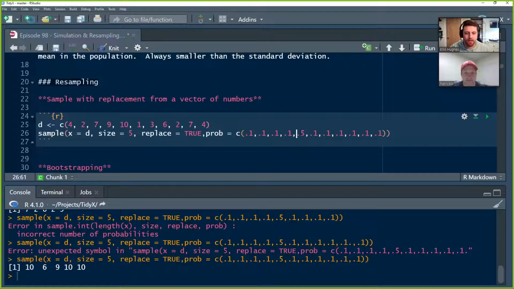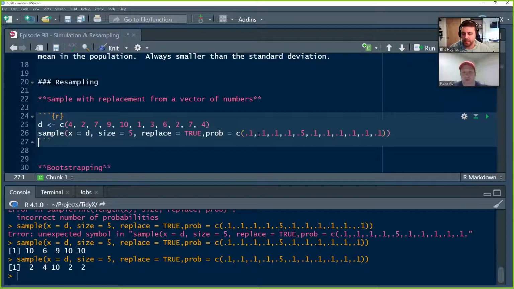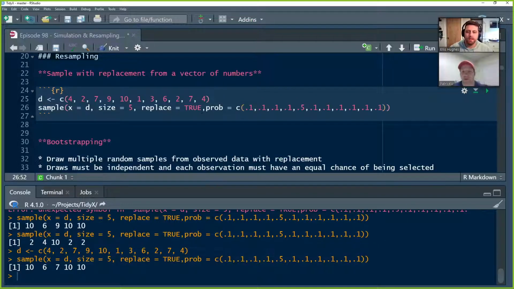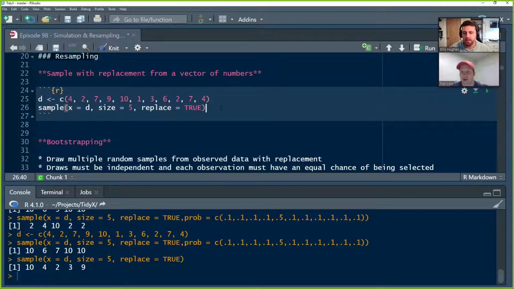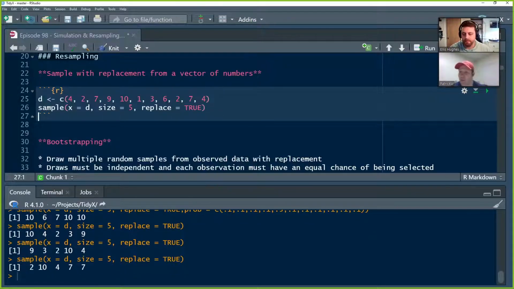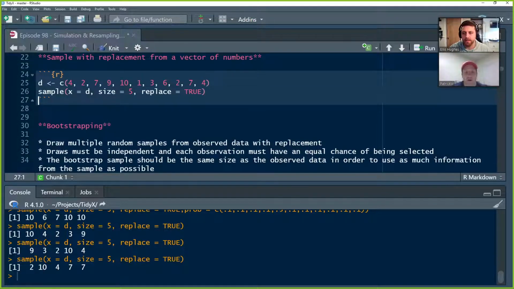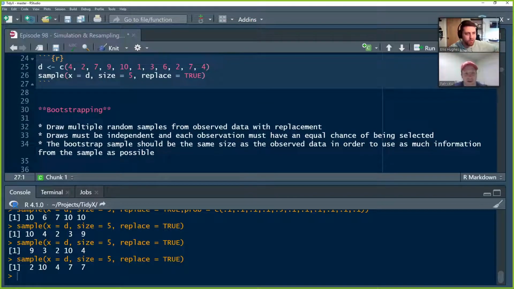So we were saying that more often than not, we're probably going to pick this 5th entry, which is 10. And so you can see 10 got picked a bunch of times. Yeah. So not super useful for an example here, but incredibly useful if you're building data simulations where there's a higher probability of a certain outcome than another. You can weight it. All right. So that's sample. So that's a little bit about sampling.